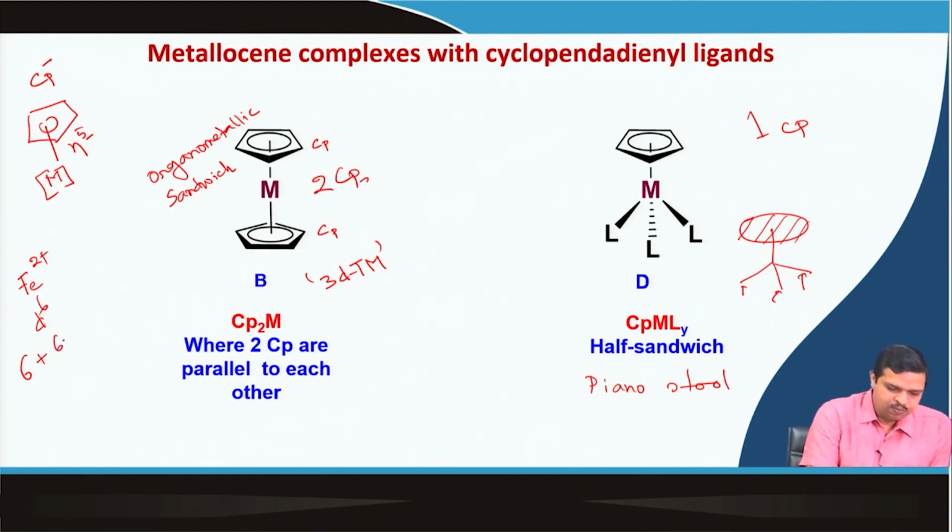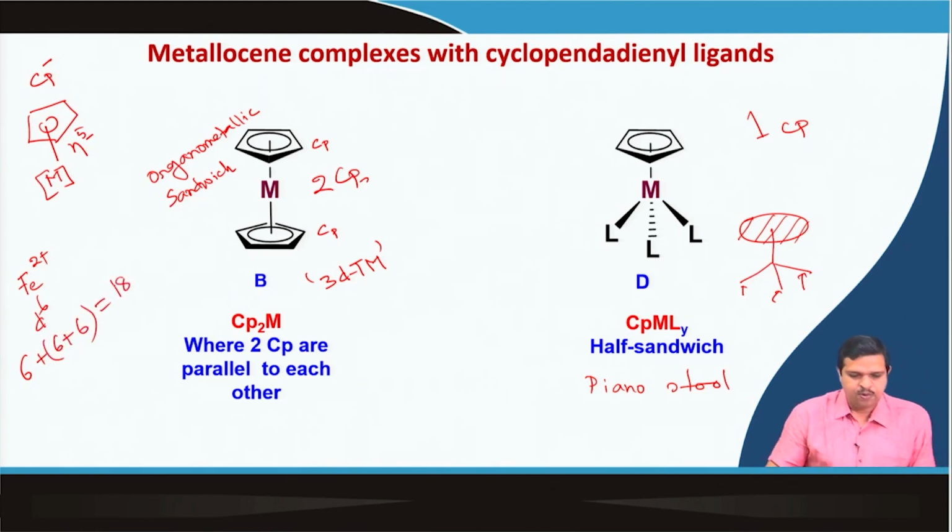So 6 plus 6, 12, so it is an 18 electron complex. Now if I replace one Cp by 3 ligands with 2 electron donors each, then again it will be an 18 electron system. So the compounds should be stable with the same oxidation state, if you are satisfying the 18 electron rule by replacing the Cp ligands, with the proper oxidation state of the metal center.